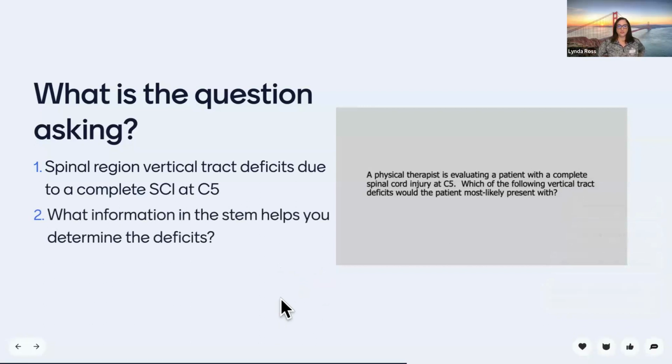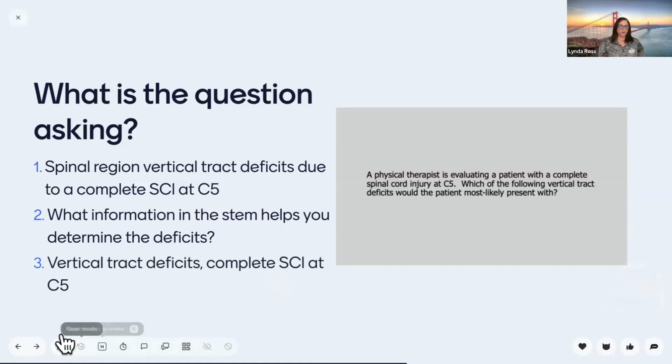What information in the stem helps you determine the deficits? You've already pretty much pointed that out: C5, SCI, complete SCI, and the vertical tract deficits.